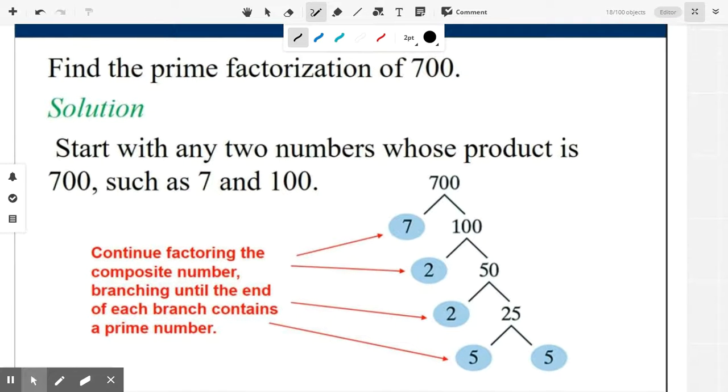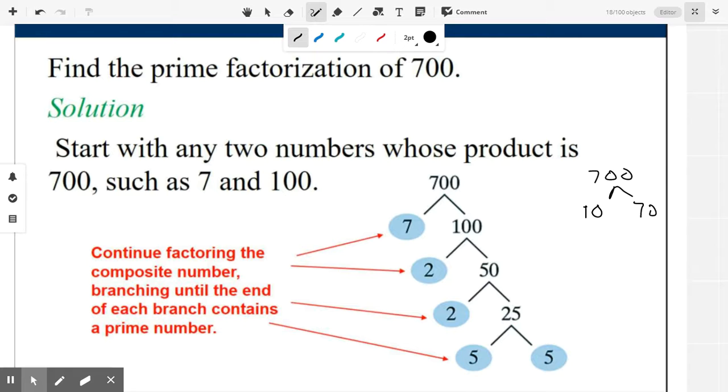All right. So if we want to find the prime factorization of 700, we start with 700, and then we start making branches. The 2 branches underneath 700 are going to be any 2 numbers that multiply together to give me 700. They chose 7 and 100. I didn't have to use that. I could have used 10 times 70.